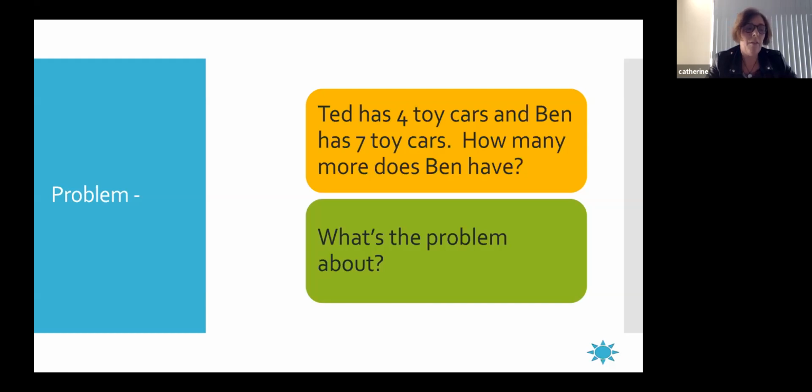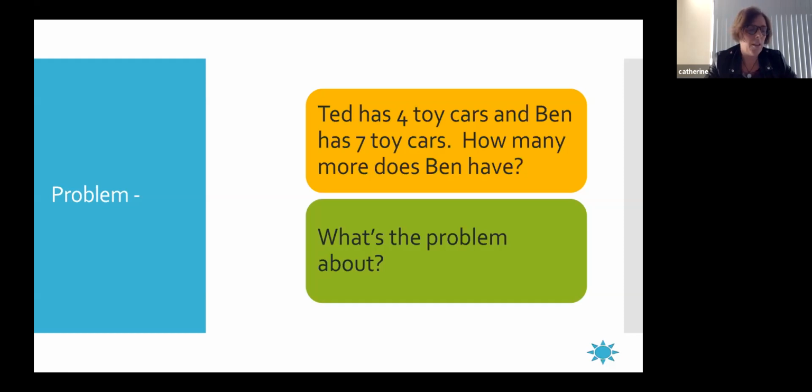And we could hear if the children understand that this problem is about comparing 2 quantities of cars. What could happen even after launching the problem well is that some children might have heard the word more and decide that it must be an addition of 4 plus 7, with 11 as the answer.